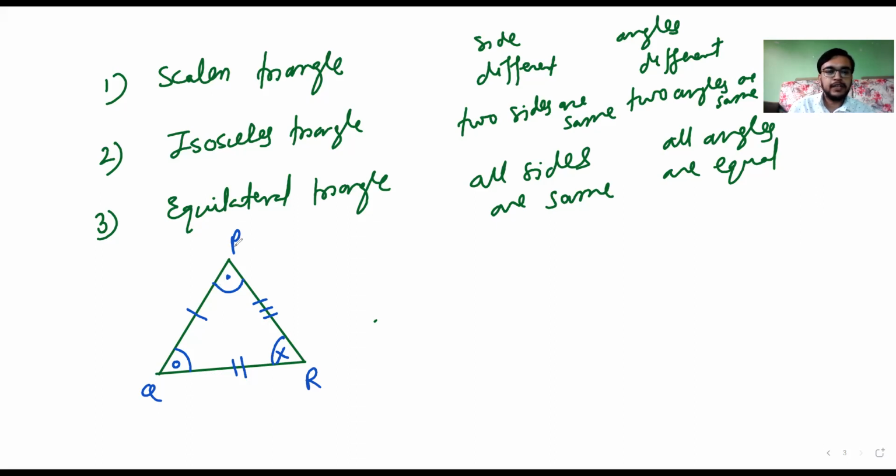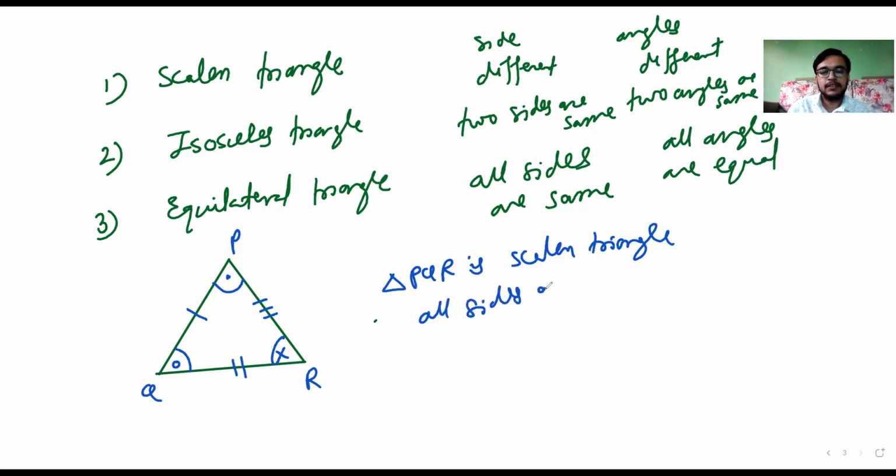Can you tell which type of triangle is that from these three types? Right, it is a scalene triangle, right? Triangle PQR is a scalene triangle, right? Why? Because all sides and all angles are different, right?